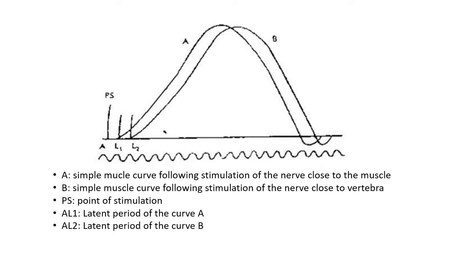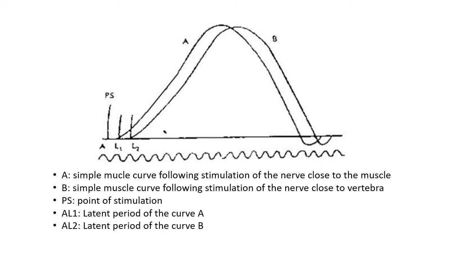So here is the graph which shows velocity of nerve impulse in frog sciatic nerve. So here we can see two different curves, A and B. A is simple muscle curve following stimulation of the nerve close to the muscle, and B is simple muscle curve following stimulation of the nerve close to vertebra.